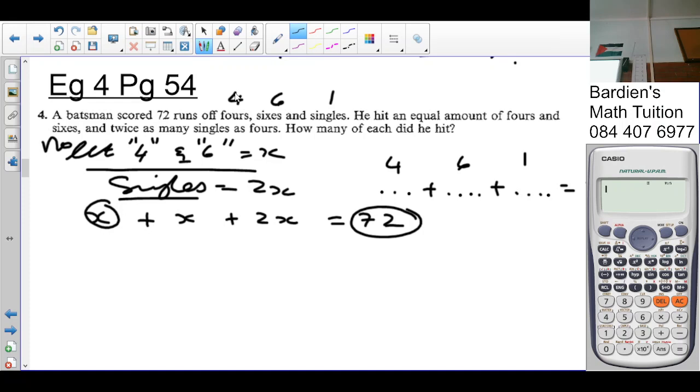So it's 6 runs multiplied by the number of 6s he hits. So in other words, this is going to be 6x plus 4x plus 1 times 2x, because that's singles. You understand? So now it becomes an equation that you need to solve.